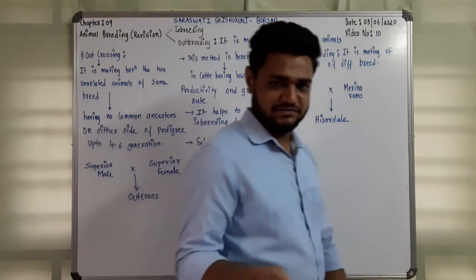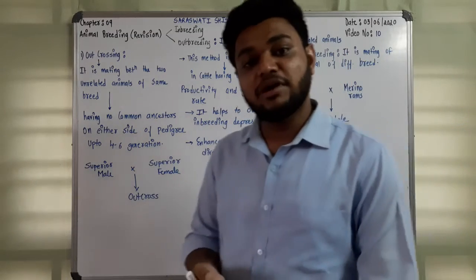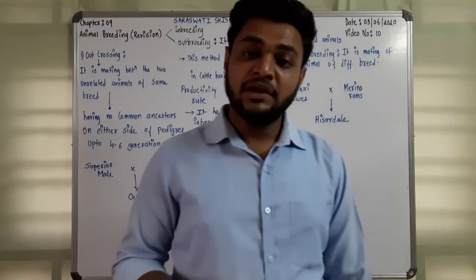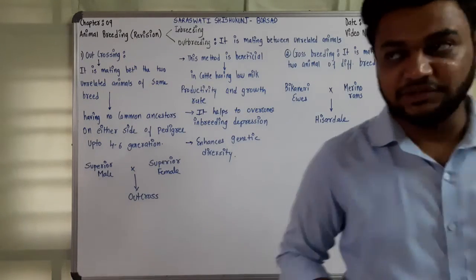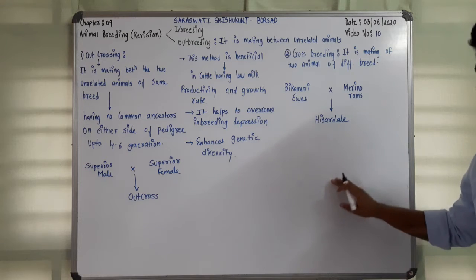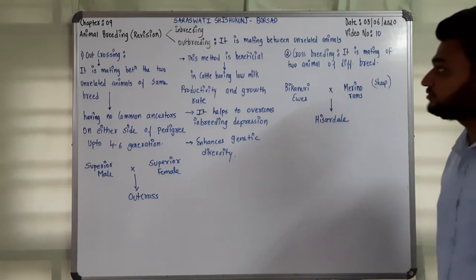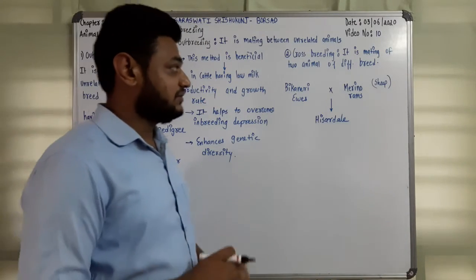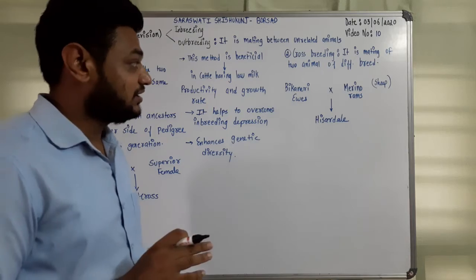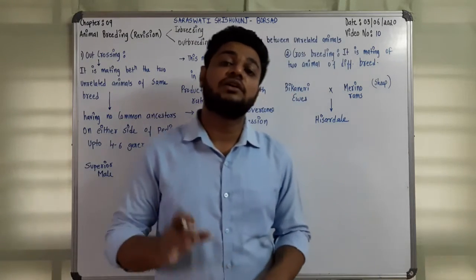Many examples are there, such as American cow and Brahmi ox, which form Santa Gertrudis. That is also a good example, but this is the best one, an example of sheep. Students, are you getting it? It is the mating of two animals of different breeds, and the offspring has a combination of both.